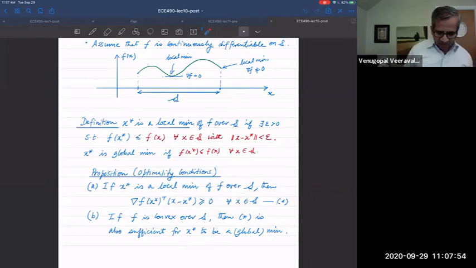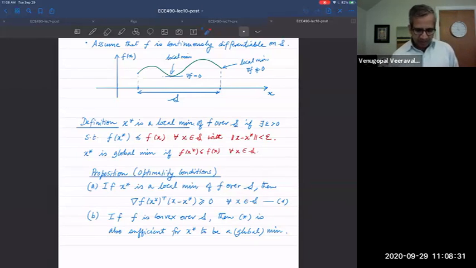This would basically only be relevant for the case where the local minimum occurs on the boundary, because if the local minimum is in the interior, then the old condition still holds, that the gradient should be 0 at a local minimum. So for interior local minima, the gradient is still going to be 0. For boundary local minima, the gradient has to satisfy this condition, okay? And if f is convex, then this condition is also sufficient for x star to be a global minimum.